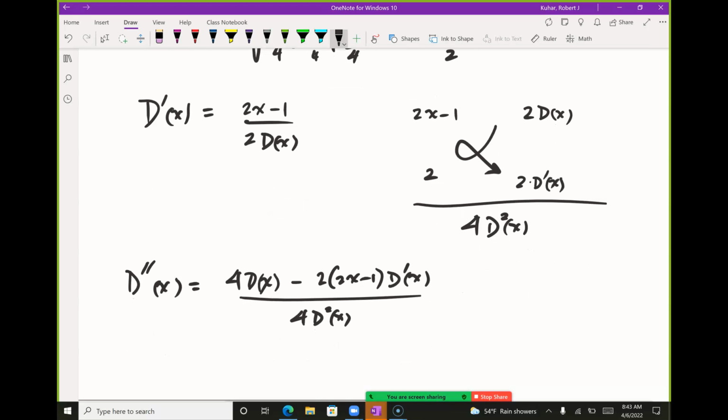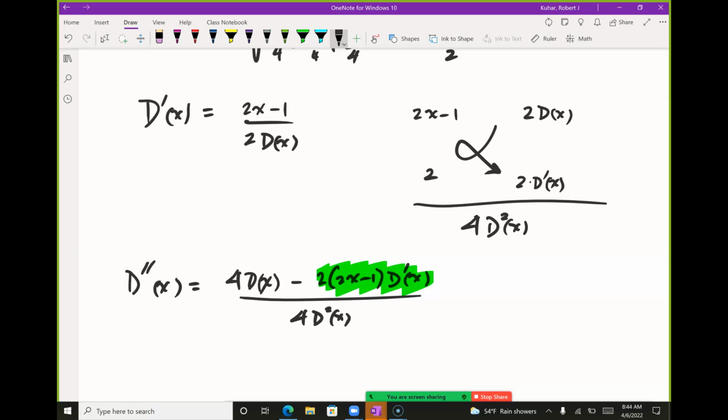Well, this is interesting because I know a couple of things here. When I plug in 1/2, this piece in green is going to go to 0. Either I plug the 1/2 into 2x minus 1, which gives me 0, or I plug the 1/2 into d prime, and that's the critical value, so that gives me 0.